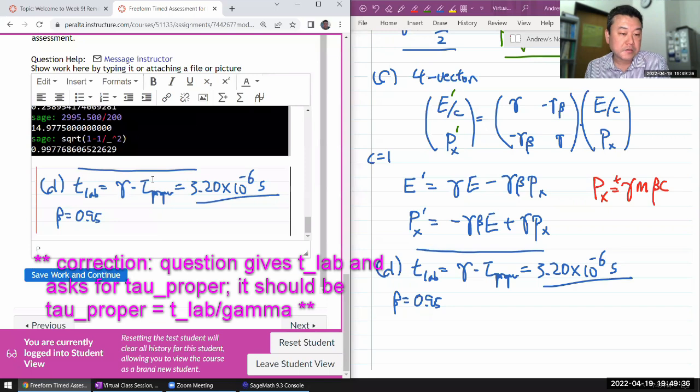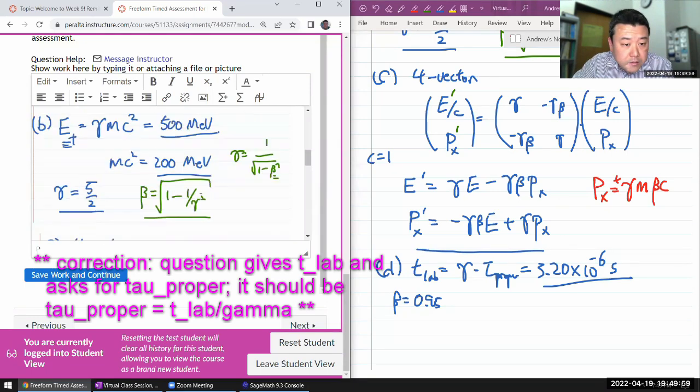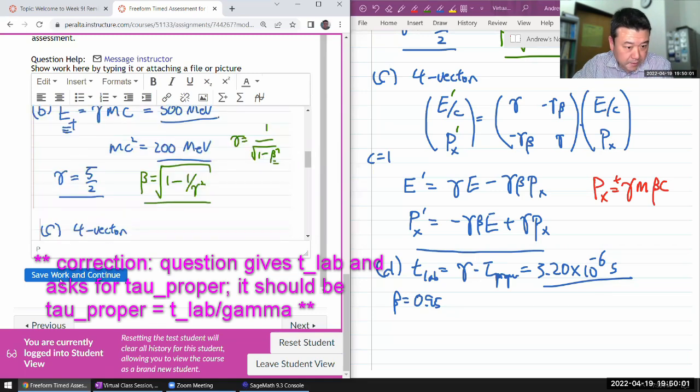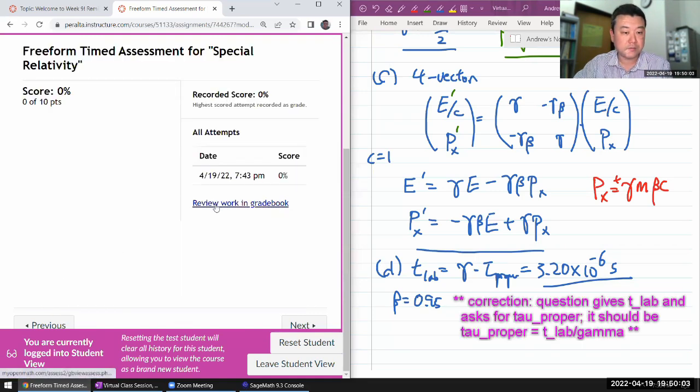It's when the answer seems to be wrong that I want to figure out where you might have gone wrong, so that I can give you the correct amount of partial credit. The more work you show, the better the chance I can figure out where you went off and give you the deserving partial credit on the parts that you didn't miss. So yeah, that's it. Let me just save work and continue, and that's all there.